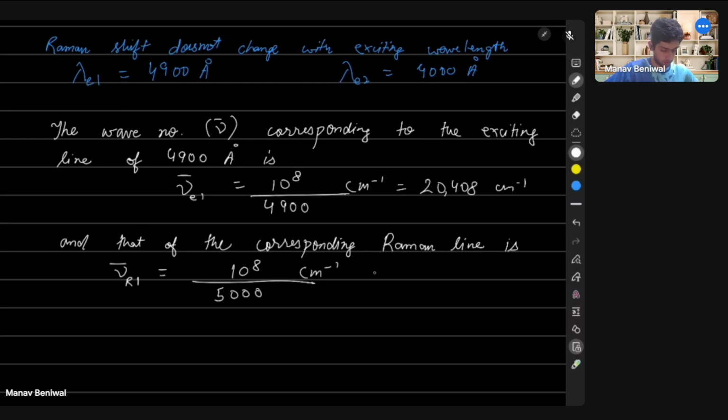So this will become this, and this will come to 0.04 here. Okay. So now we have both the wave numbers, and we can calculate the Raman shift.